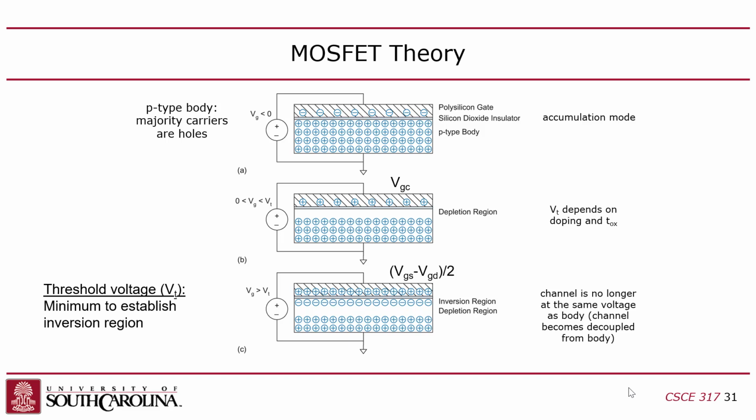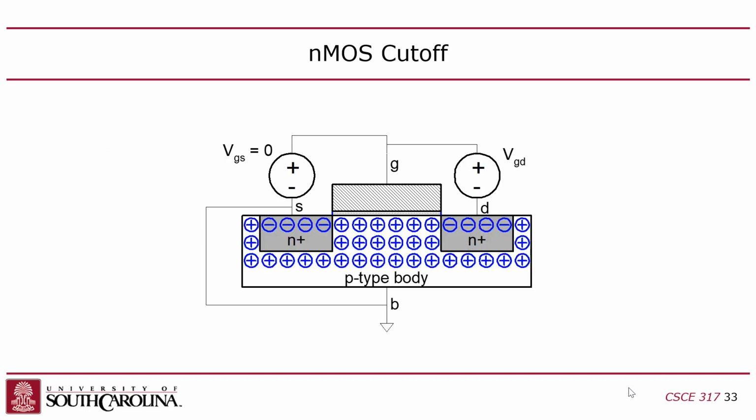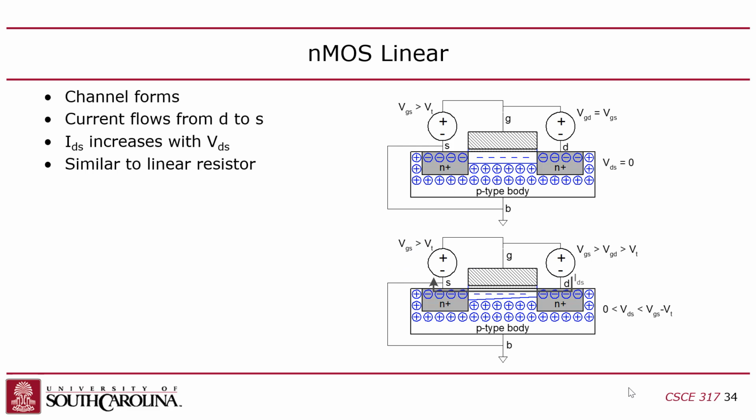So you have it on, and as you increase the voltage difference between the source and the drain, the current that flows through the transistor increases, kind of linearly, kind of like a resistor. So more voltage, you get more current.